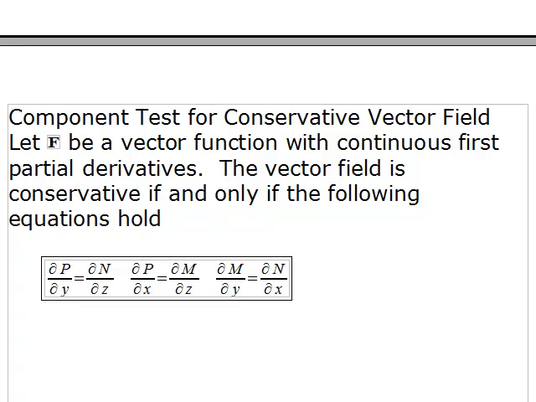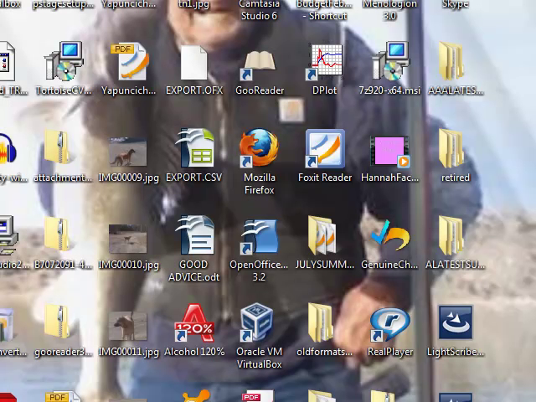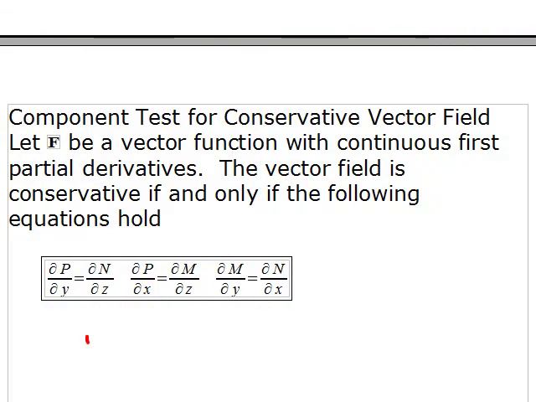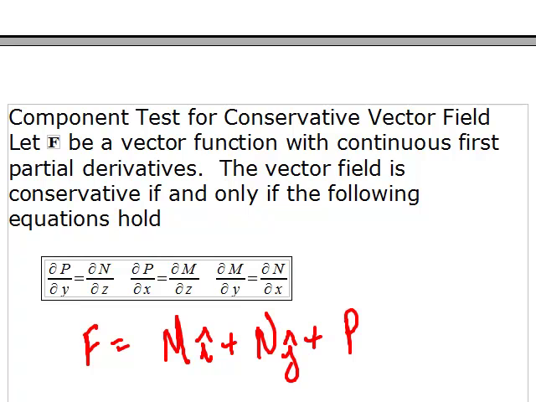So here's just a statement of the component test for conservative vector fields. F is some vector with the usual components: m in the i direction, n in the j direction, p in the k direction.